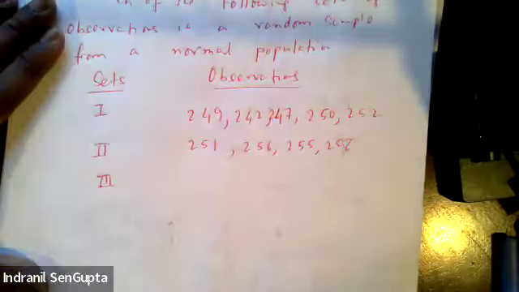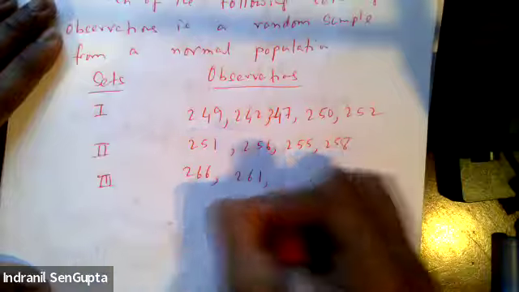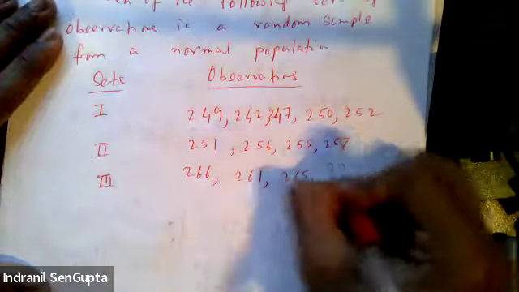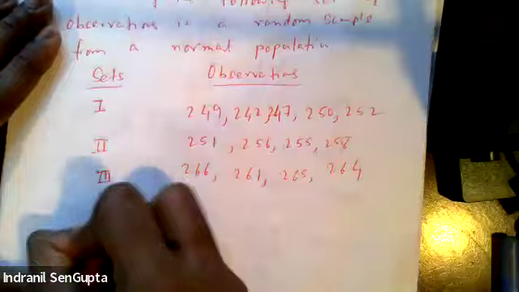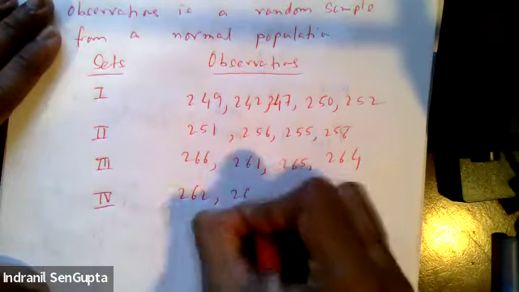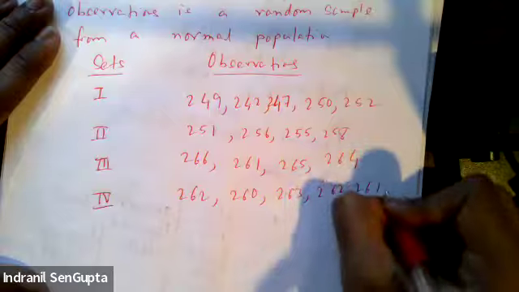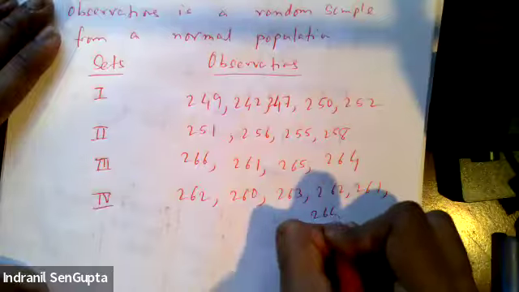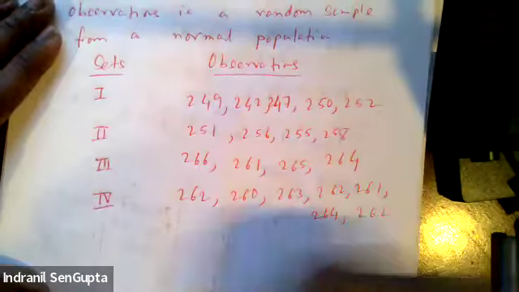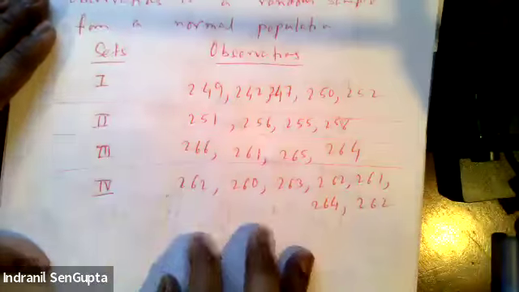Set 3 is 266, 261, 265, and 264. And the fourth group is 262, 260, 263, 262, 261, 264, 262. This is a bigger group. So these are the four groups.